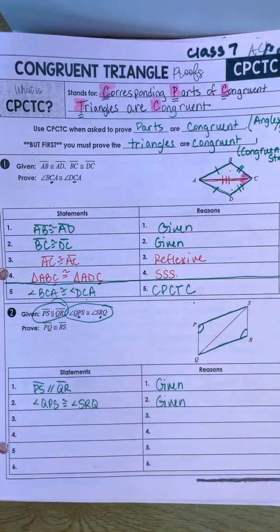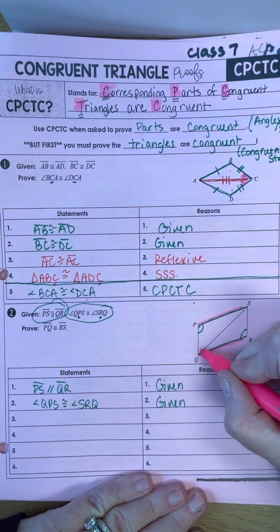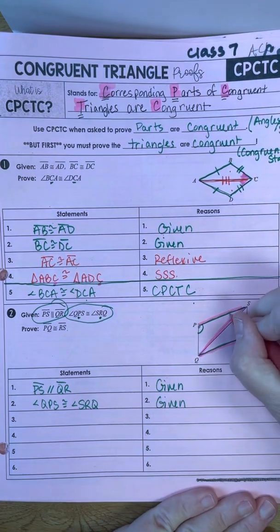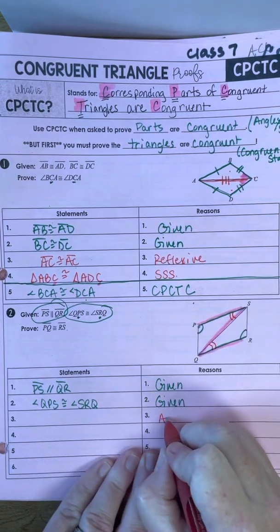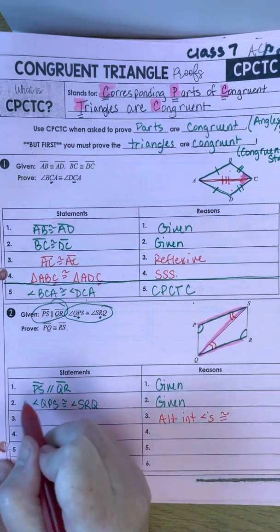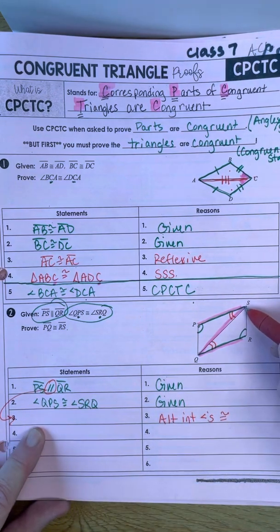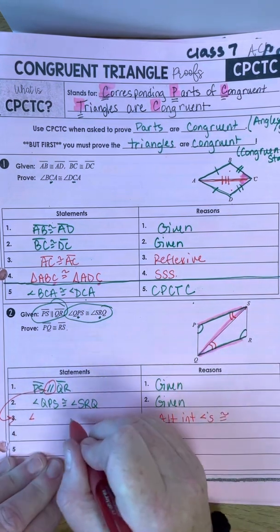Now, they give you the parallel for a reason because you need to add something from it. So I'll highlight it and I'll highlight my transversal. These lines being parallel will give me this little angle in here and this little angle in here congruent because they are alternate interior angles and they are congruent. So the lines being parallel will give me step 3. How do I name this angle in the top triangle? Well, it's angle S, but I need to name 3 letters. So this is how I do it.